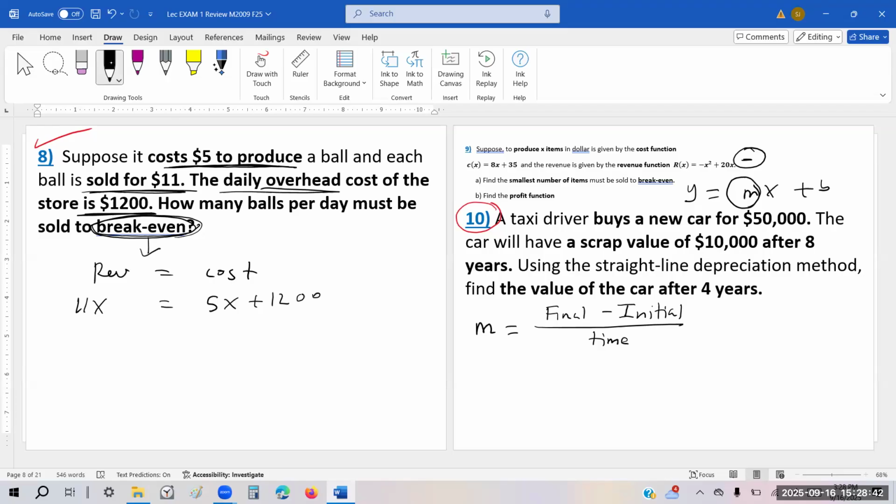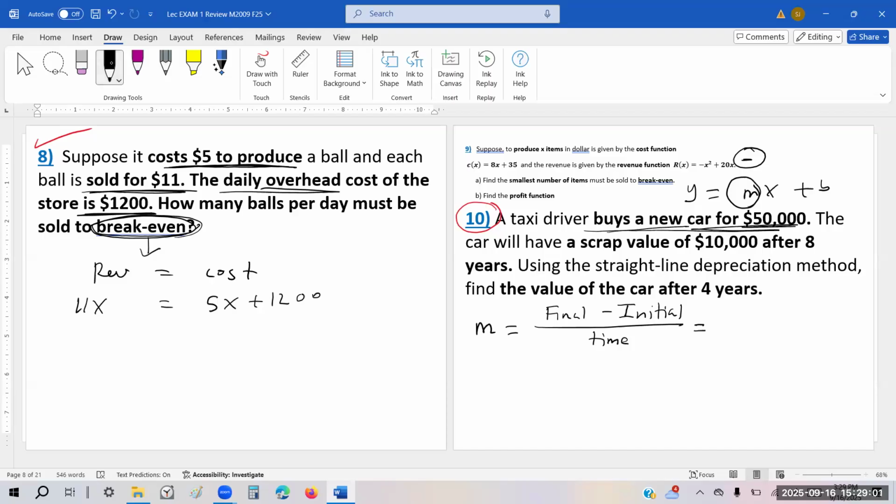Or divided by initial, I forgot. Divided by time, I think. Tell me the answer. Is it divided by time or divided by initial? Time. Okay.